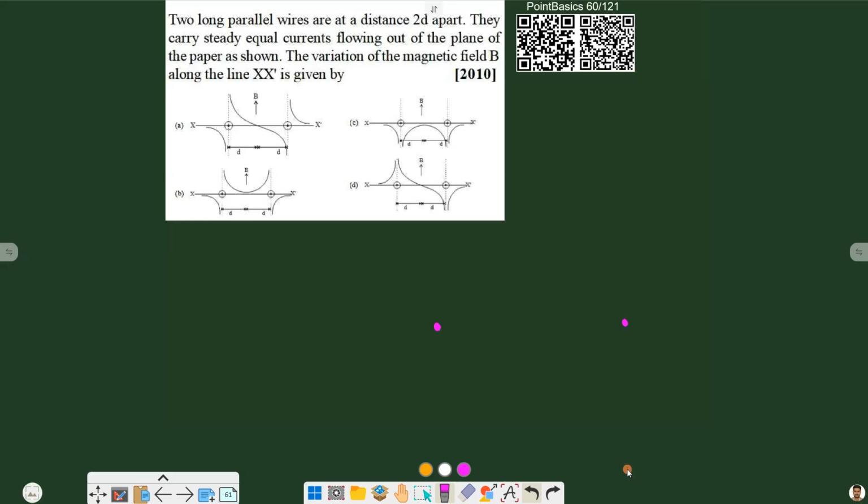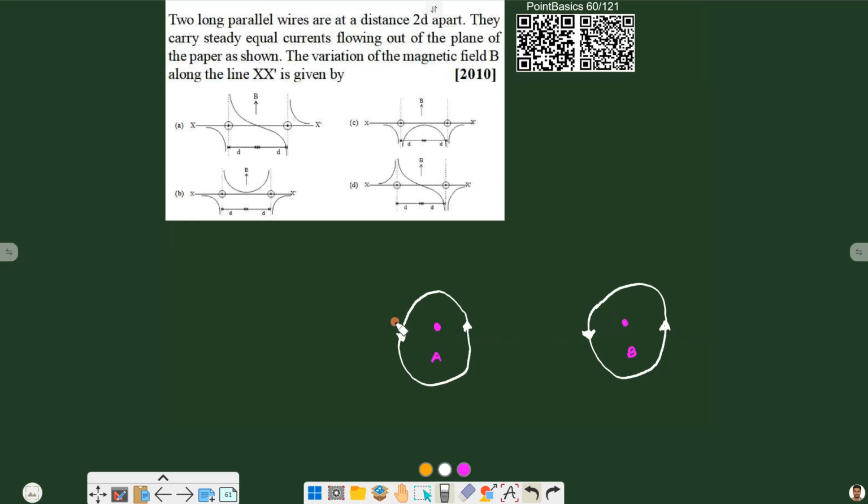Suppose this is our wire A and this is wire B, then for wire A, the direction of magnetic field will be something like this. It will be clockwise. And for wire B, as the direction of current is similar in both, here again the direction of magnetic field will be, oh sorry, it is anti-clockwise in both.